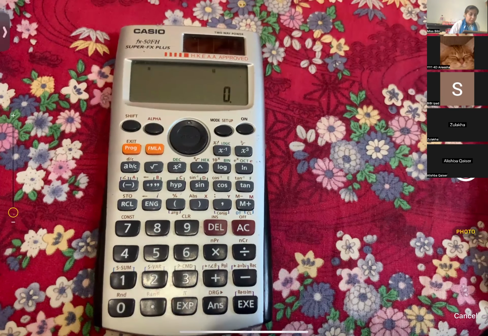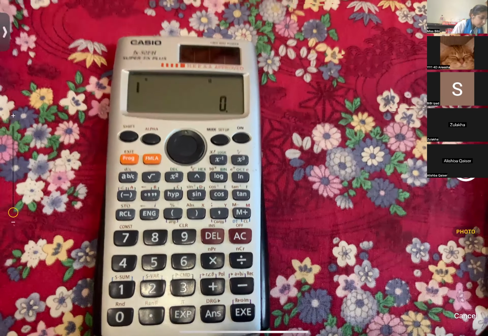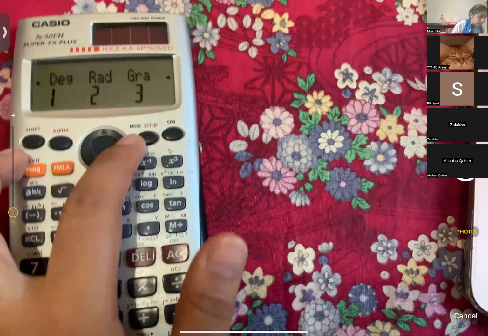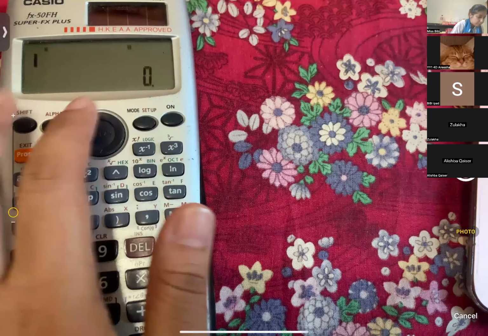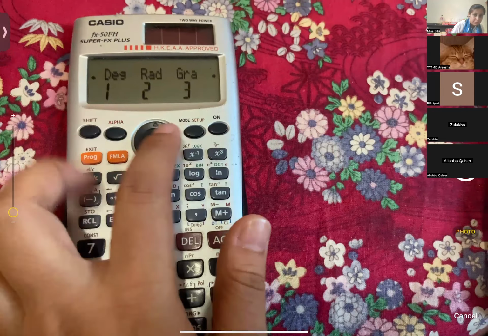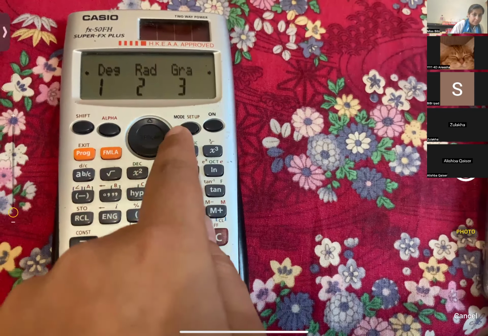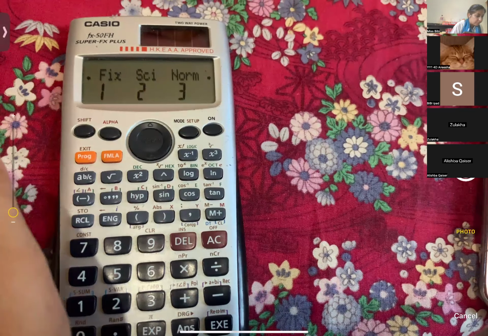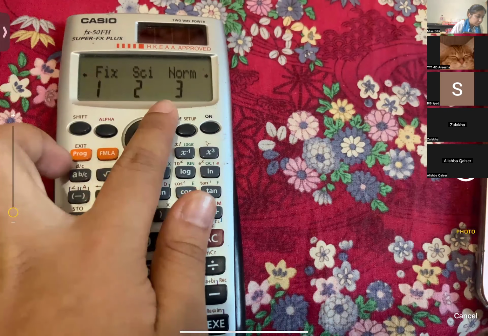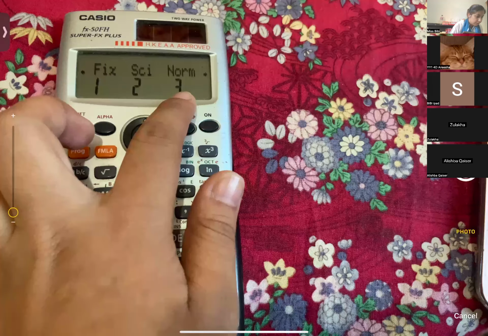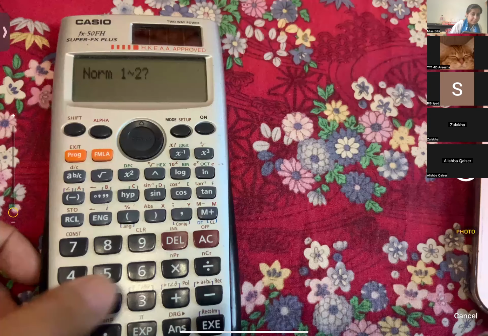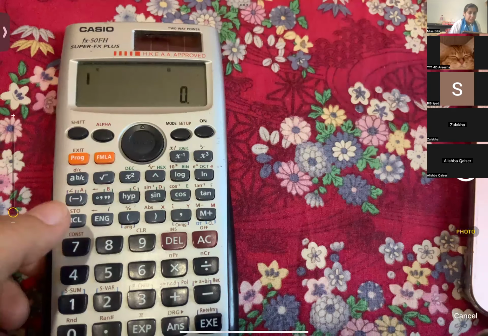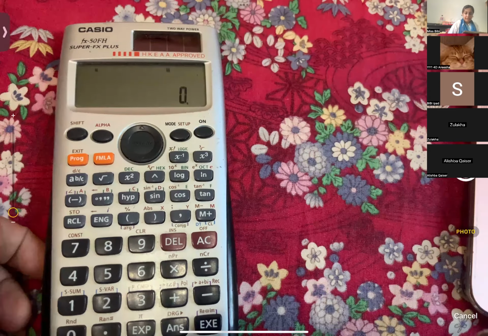Yeah, it's still here. Then click Shift Mode, and then click on the right side. Oh, fix. And then choose Norm. Norm, okay. And Norm then 1. Yep, Norm 1. Yeah, it's gone. It should be okay.